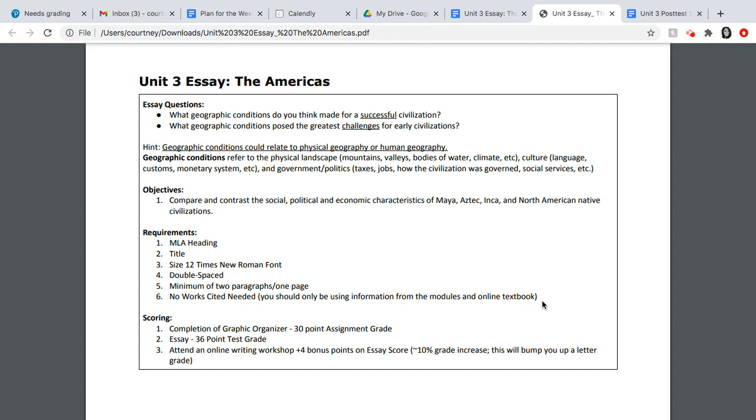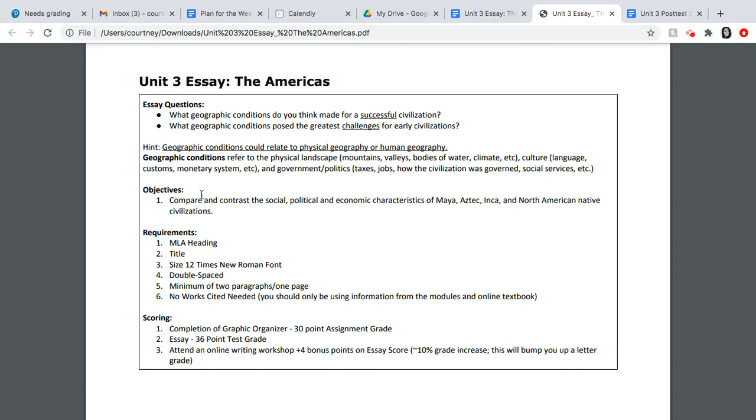The other question being, what geographic conditions posed the greatest challenges for early civilizations? And we're specifically looking at the Americas, so the different civilizations we learned about in this unit: Olmec, Maya, Aztec, Inca, and then some indigenous Native American groups.